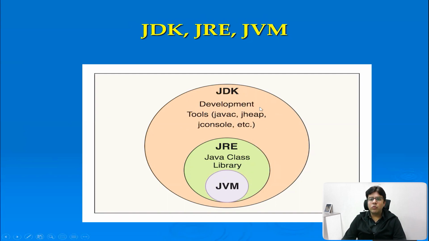As a programmer, you need to have the JDK. But once you write the program, the end user just needs the JRE and JVM to run that program on their client machine. JRE stands for Java Runtime Environment and JVM stands for Java Virtual Machine. JRE is needed to run the Java program on a client machine, and JVM is the magic box, a sandbox, which converts the bytecode or .class file into executable code.